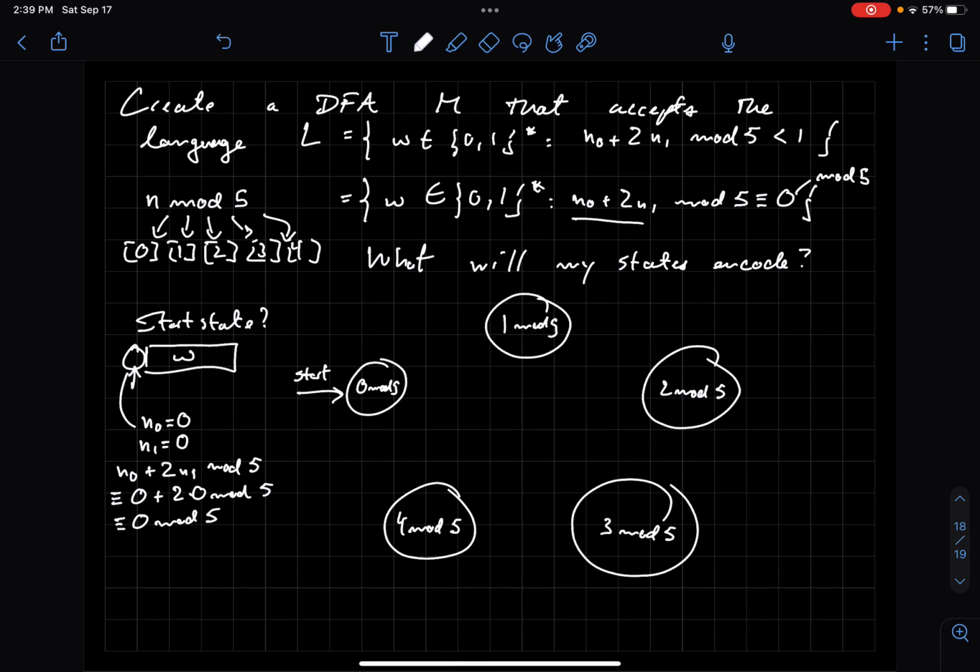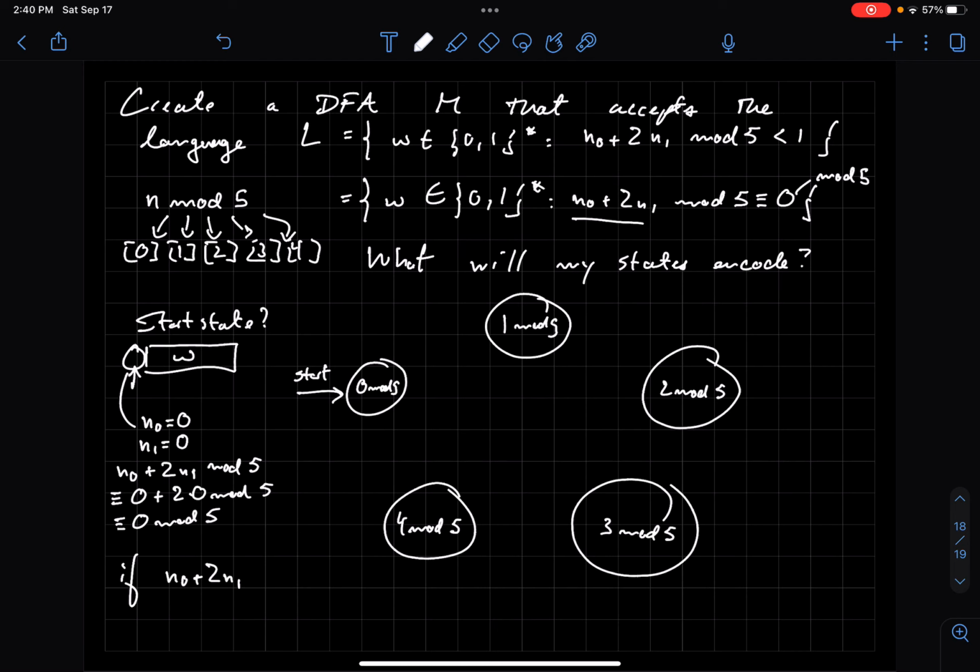Now, for each state, we know that there are only two things that can happen: either you read a 1 or a 0, right? So let's represent this abstractly.